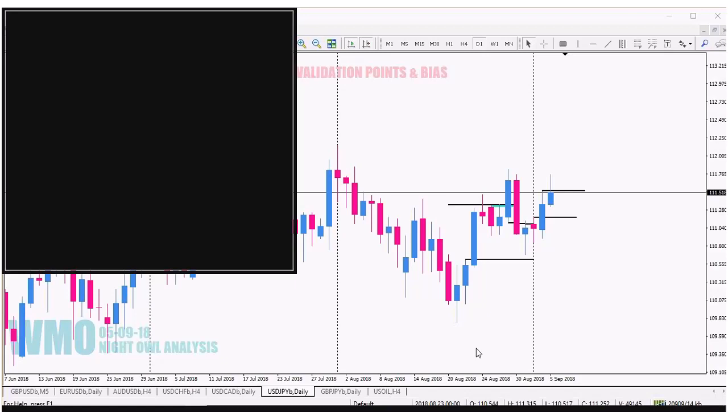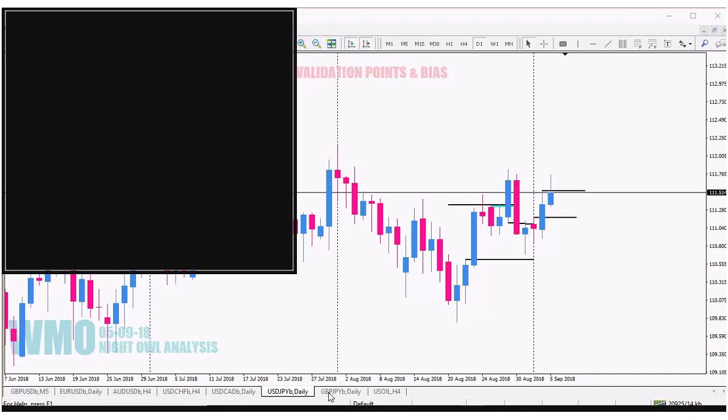When they say nobody should trade on bank holidays because there's no liquidity, some of my best trades have been bank holidays. I couldn't tell you what they want to do with news, but when I look at price and find a stop hunt and validation points, they're already pointing you to the opportunity of what they want to do.